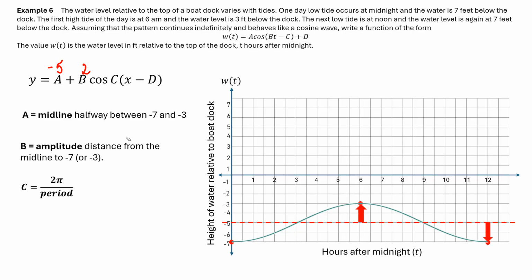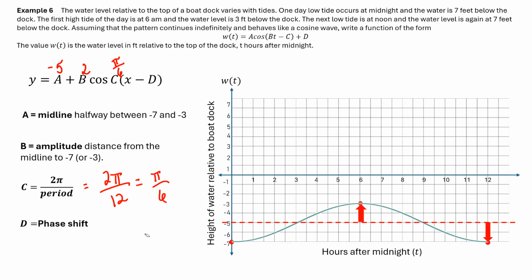C is 2 pi over the period. We already know what the period is. We can see how long it takes this graph to do one cycle, and that is 12 units on the x-axis. 2 pi over 12 is pi over 6. And so C is going to be pi over 6.